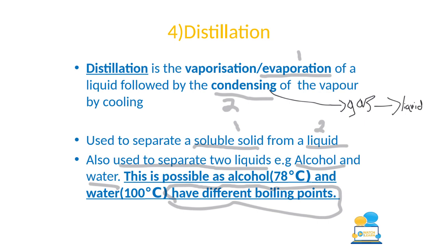So if we heat our solution to 80 degrees, we can definitely evaporate the alcohol, whereas we will be left with water behind because it does not reach its boiling point of 100 degrees. So this process will allow us to retain both our liquids, and it also will allow us to retain our soluble solid from a liquid, separating if we so wish.